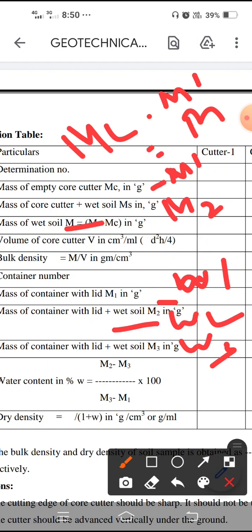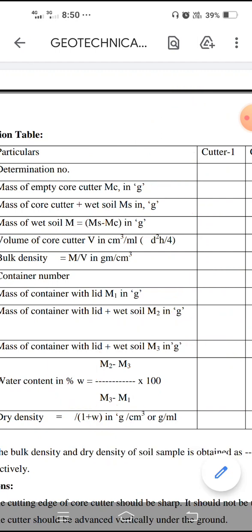The formula is W2 minus W3 upon W3 minus W1 into 100, and the dry density formula is bulk density upon 1 plus W, that is rho upon 1 plus W, where this W is calculated. So this is the first test, from which we can find the bulk density in the field. Okay, thank you.